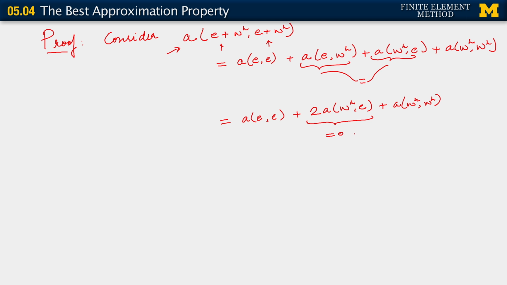And this term is equal to 0 is a result that we've termed consistency of the finite element method. Consistency of the finite element method itself, you recall, is the fact that the finite dimensional weak form admits the exact solution as a solution. It recognizes the exact solution.